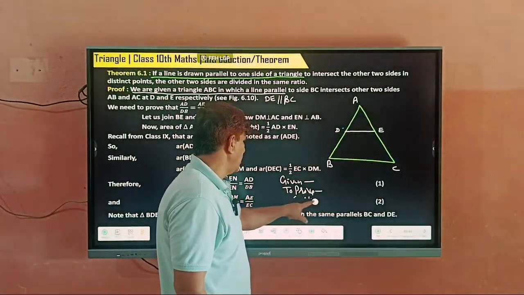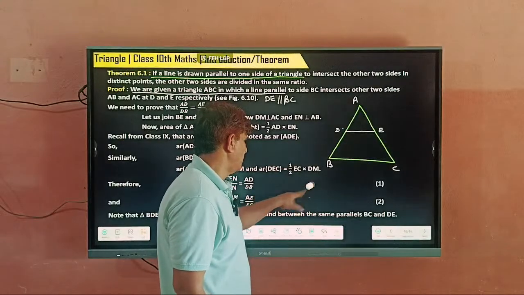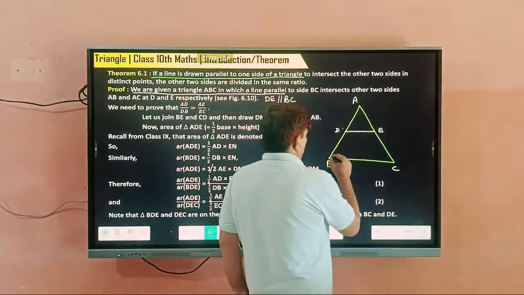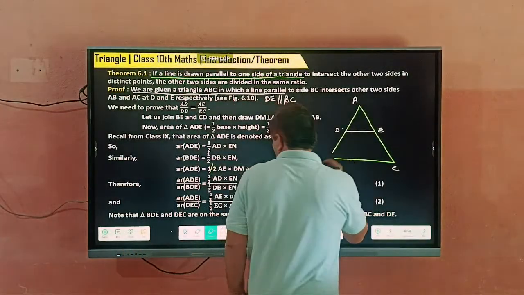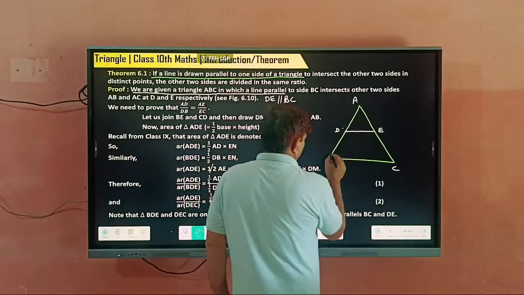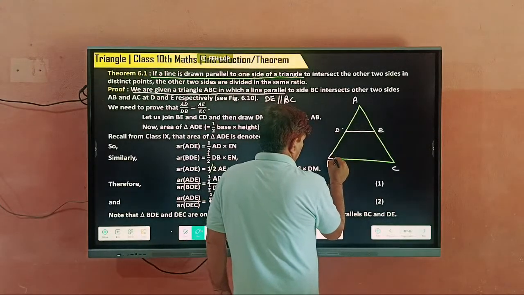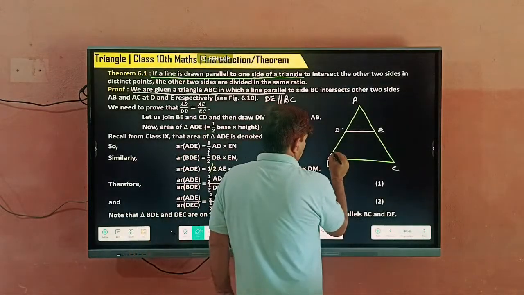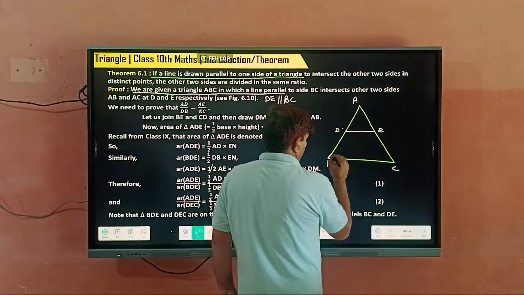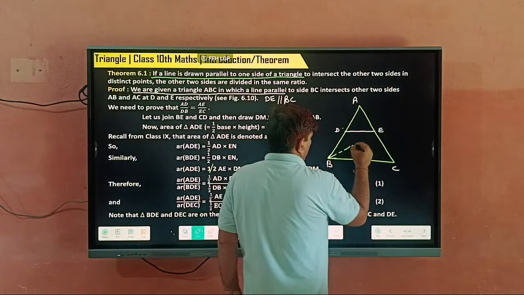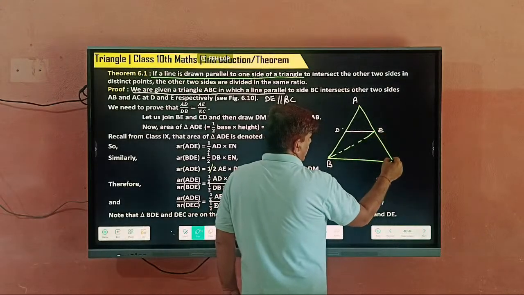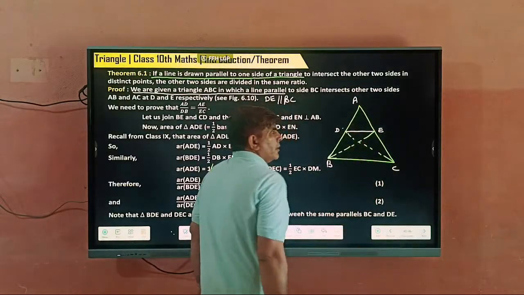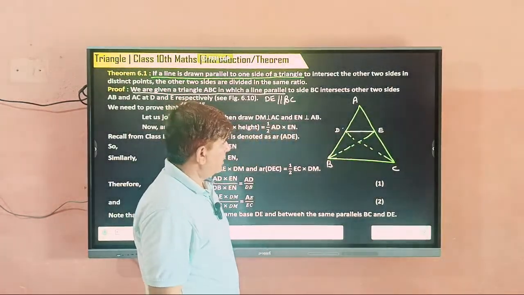Construction: any construction you need, like in this triangle we need some construction. So in construction we can write: join B and E, like this, and C with D. Understood?